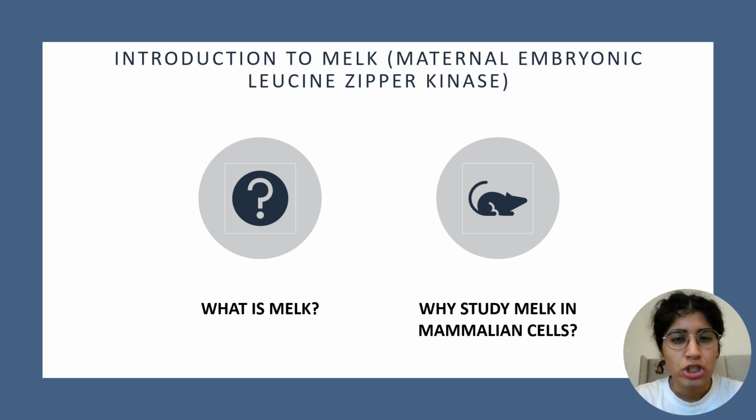So the aim of this project is to clone and express MELK in mammalian cancer cell lines and assess its impact on cell proliferation and survival. By overexpressing MELK, I aim to determine its role in cancer progression and explore potential downstream signaling pathways that it may regulate.